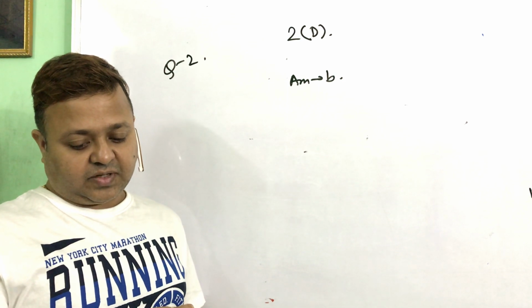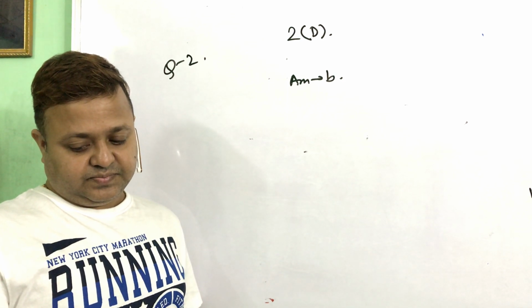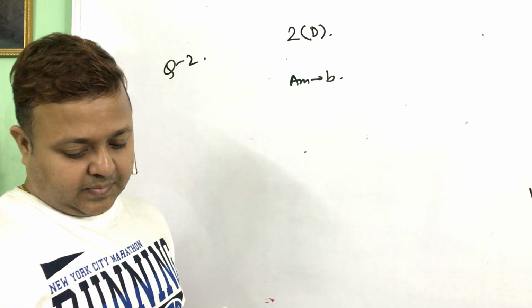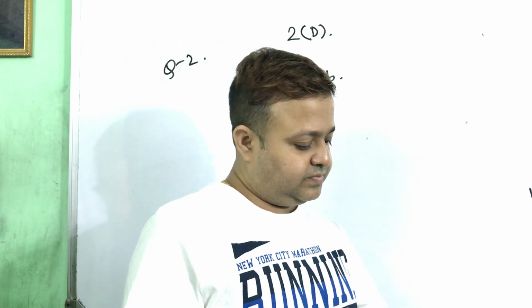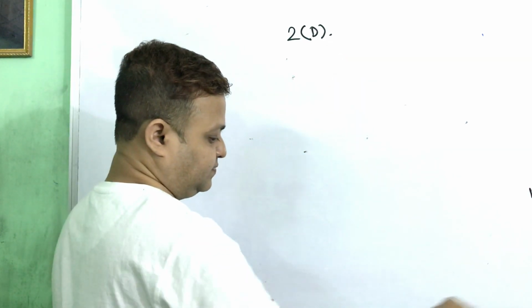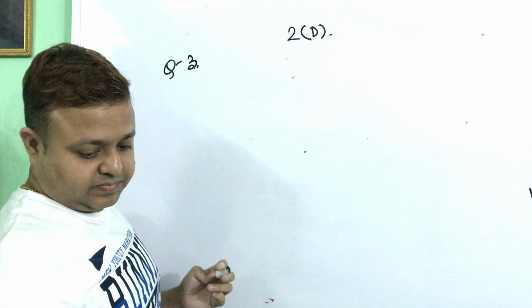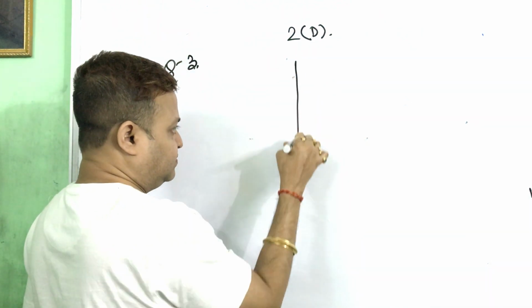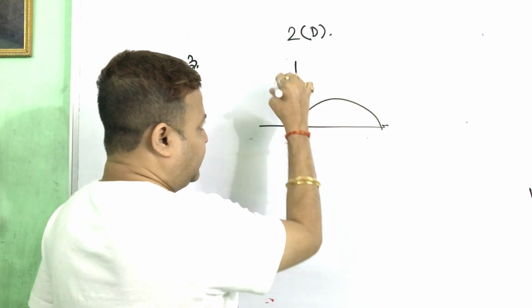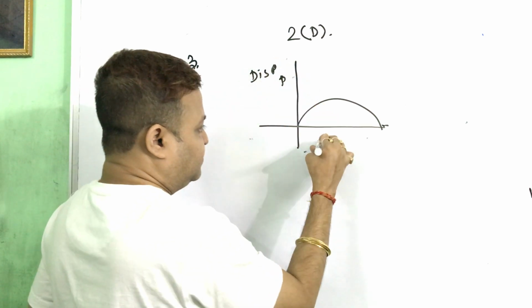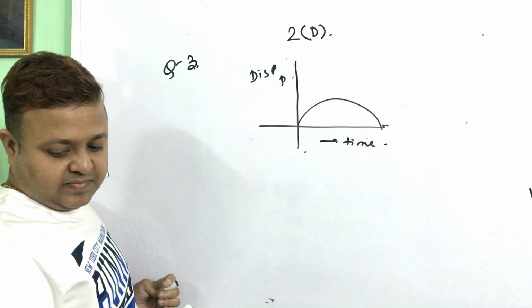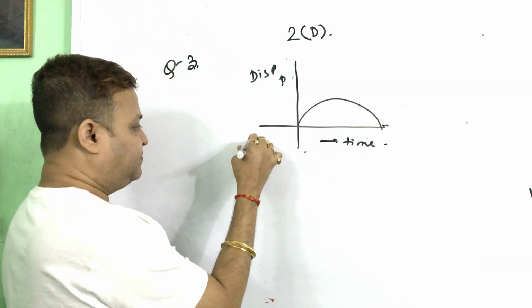What is the correct distance time graph?